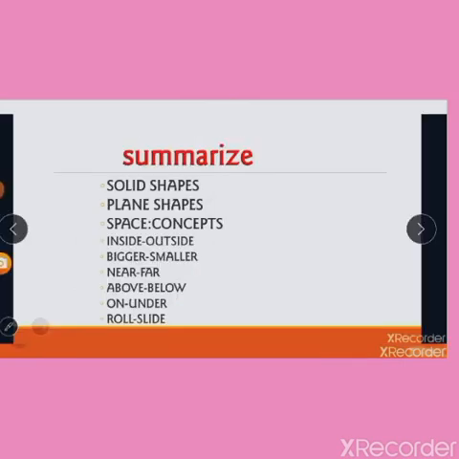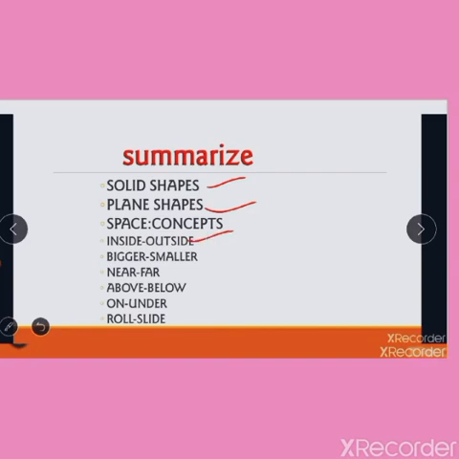Okay children, now we are at the end of the session. So we just go for a small recap. What have you learned so far? Solid shapes, plane shapes, that is your circle, square, rectangle, triangle, and the space concept, inside and outside.